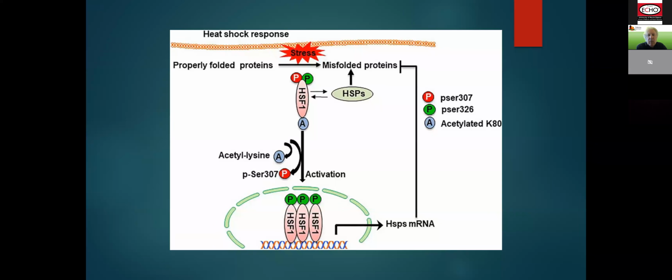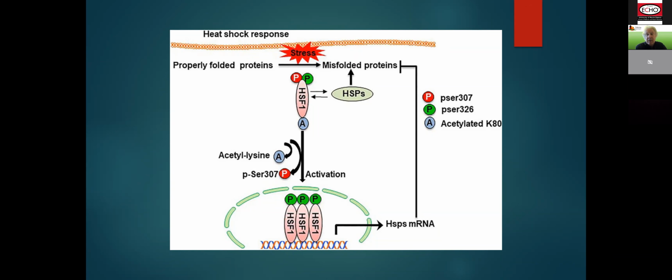And one of the observations that we made is that A circle there, which is an acetylated carbon group, is defective with aging. And so we know that a lot of this heat shock factor protein accumulates with age with this acetylated form, and it becomes inactive.